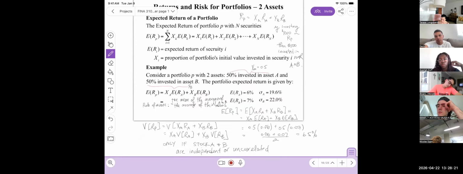So in other words, the covariance between stock A and stock B's returns is equal to 0. That's the only time that's going to work. And sometimes you'll get some problems like that. So you look out for that. It makes it much easier.